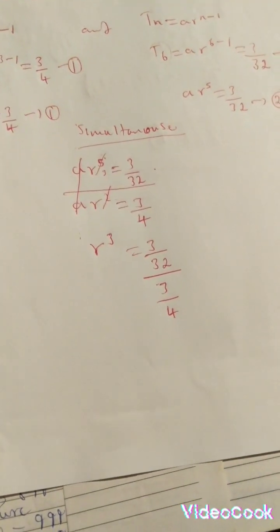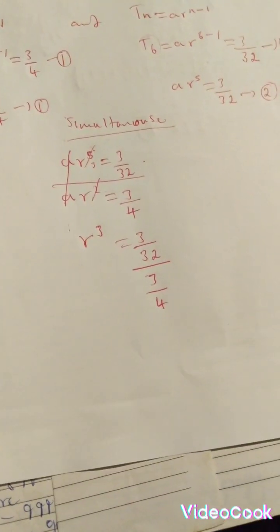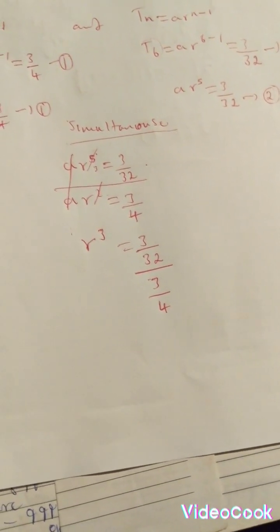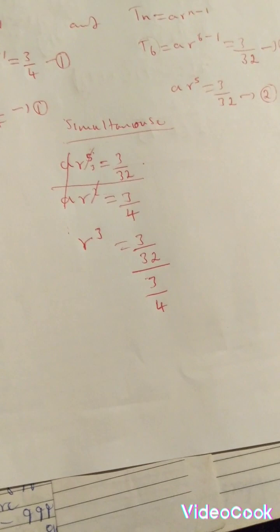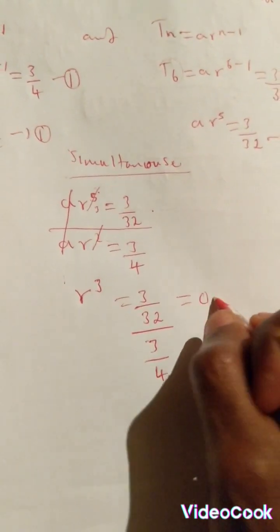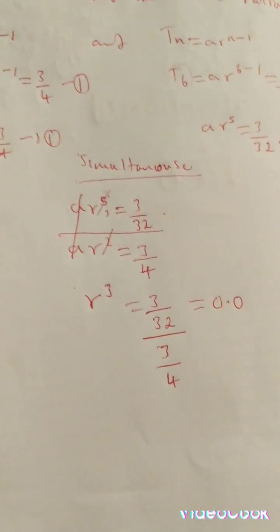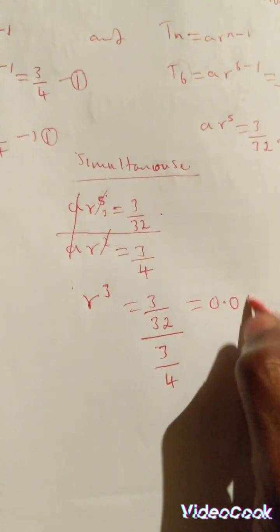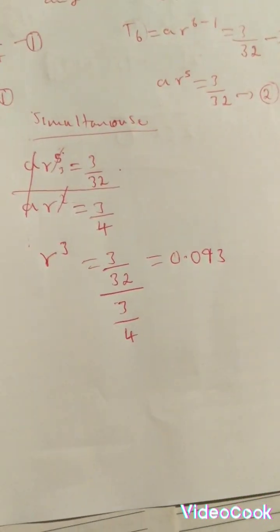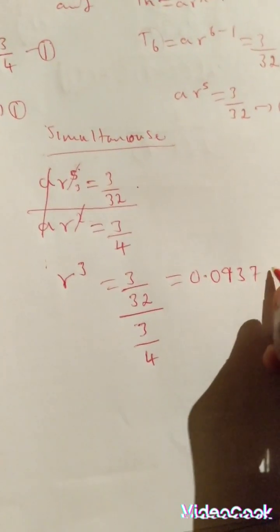So from here you can say 3 divided by 32. What are we getting? When you say 3 divided by 32, you are getting 0.09375.